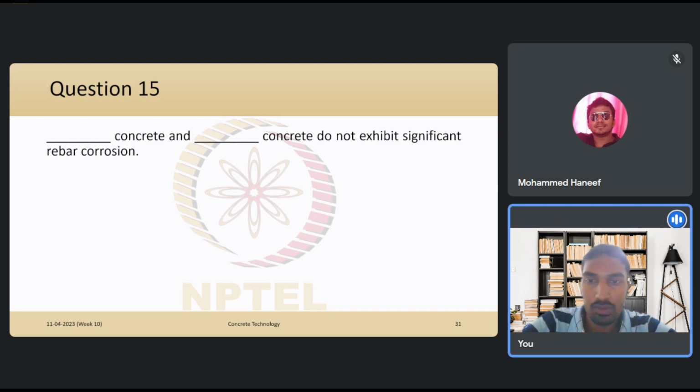This is with respect to two conditions of concrete, two different environmental conditions.